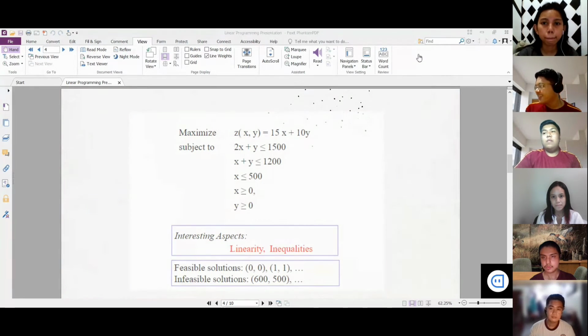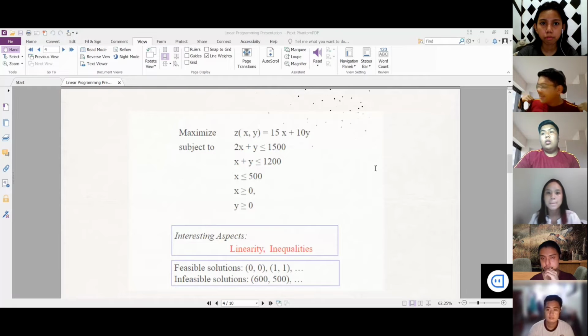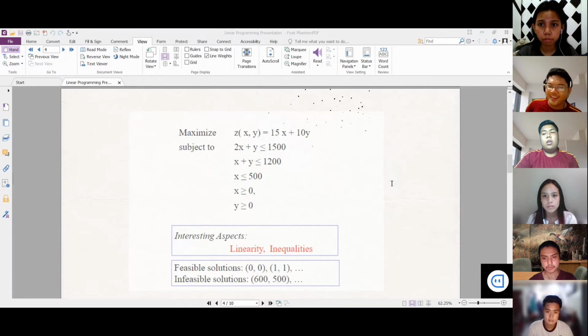Now that we've identified the constraints and the objective variable, in order to find a feasible solution, any point on the x and y plane whose coordinates fulfill all five restrictions must be used. Each constraint may be represented by a half plane, since it is a linear equation.